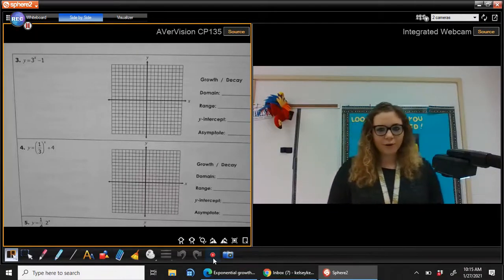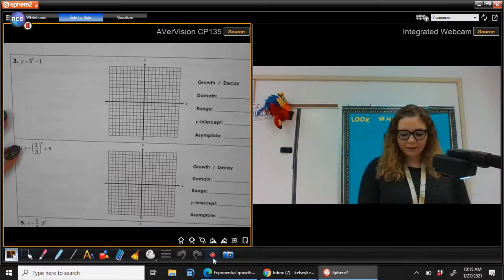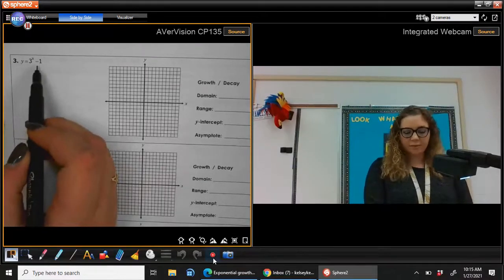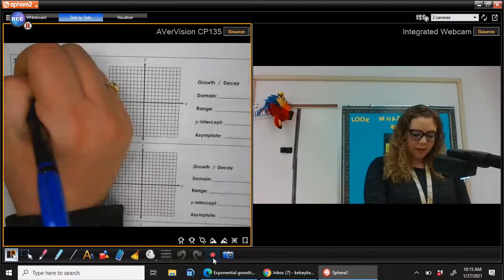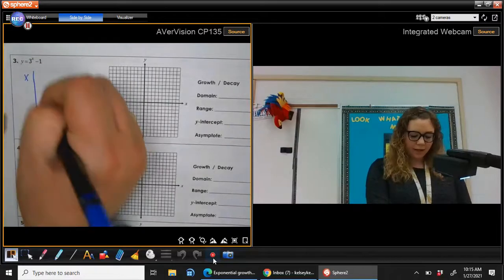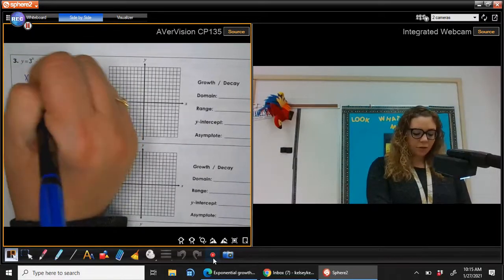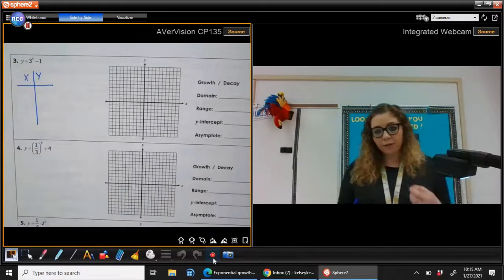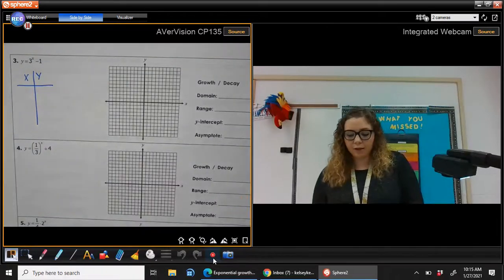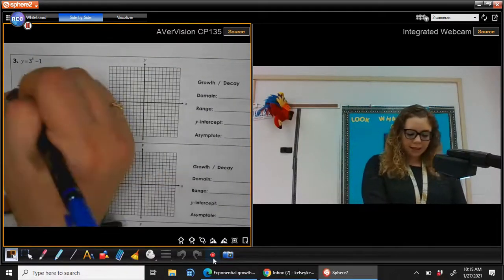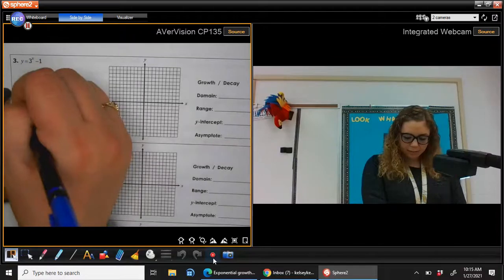Okay, welcome back. Okay, so let's do y equals 3^x minus 1. Okay, to save time, I'm not going to write it out. But you do need to know how to write it out if you don't have a calculator. Okay, pick my x values, which will always be the same.